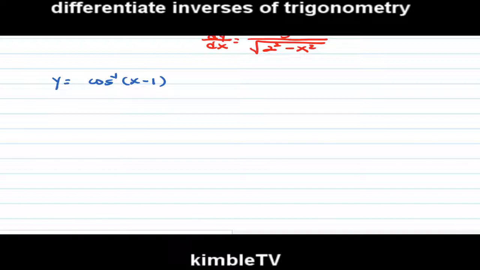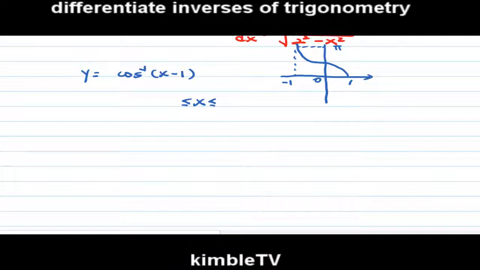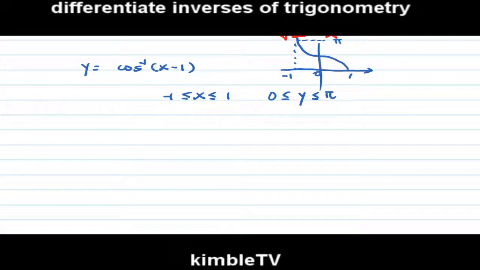For its domain and range, the cos inverse graph is roughly like this: the domain is -1 to 1, and the range is 0 to pi. Therefore x minus 1 is between -1 and 1, and y is between 0 and pi. x must be replaced by x minus 1. x minus 1 is between -1 and 1. Therefore x is between 0 and 2.